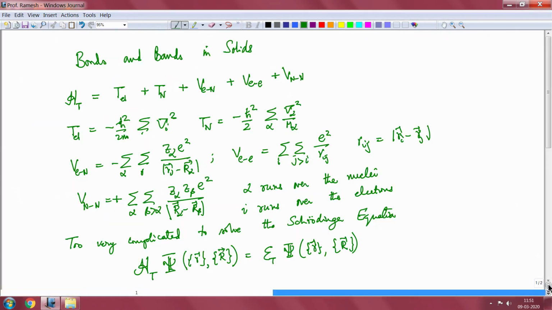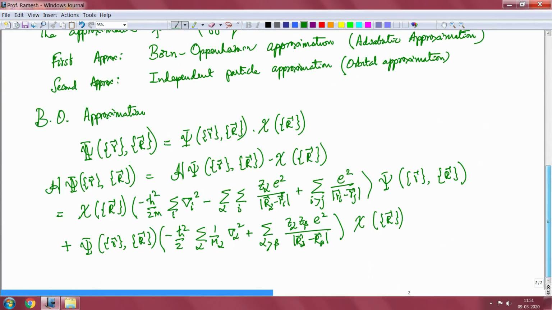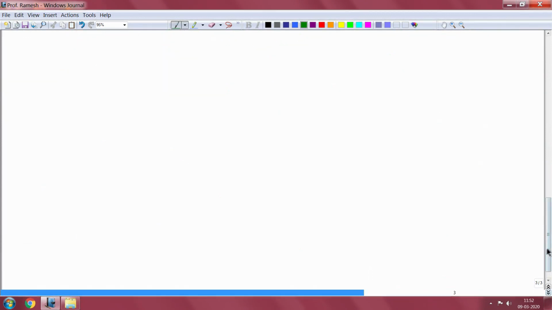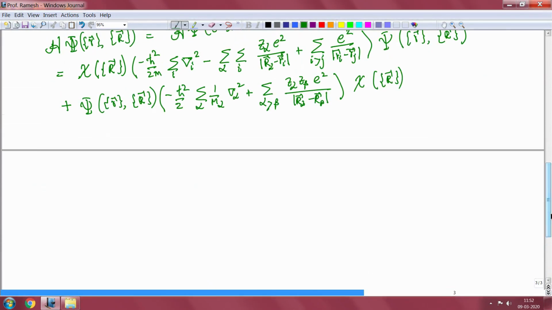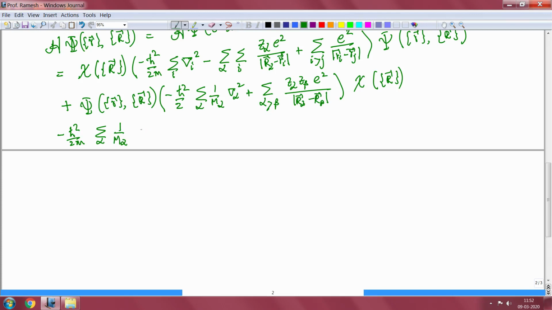and I have two terms which I have not included, which come because of the, let me go to the next page, and then I can write down the next one as minus h cross squared by 2m sigma over alpha 1 by m alpha del alpha psi of r times del alpha chi of R, which is actually a mixed term, a mixed derivative that you will get.